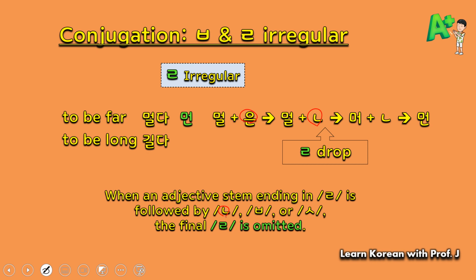So it becomes 먼. What about 길다 then? It becomes 긴. Think of it this way. In 리을 irregular conjugation for the noun modifying form construction, just replace 리을 with 니은. 길다 becomes 긴.